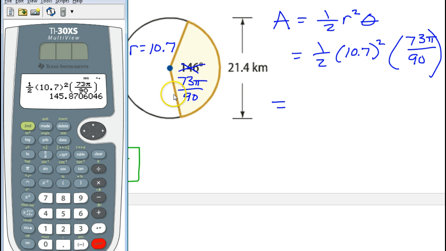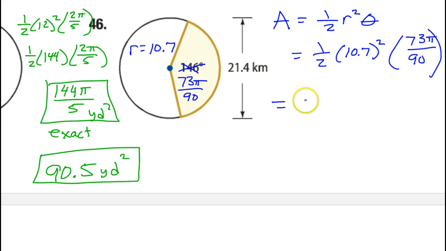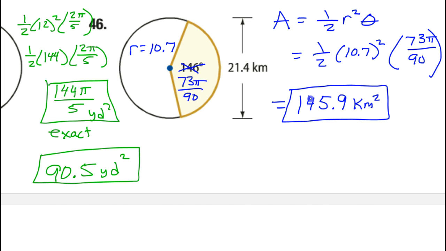It's a lot of typing. So I am coming up with 145.9 square kilometers, because we're talking about area here. So that would be the answer to number 46.